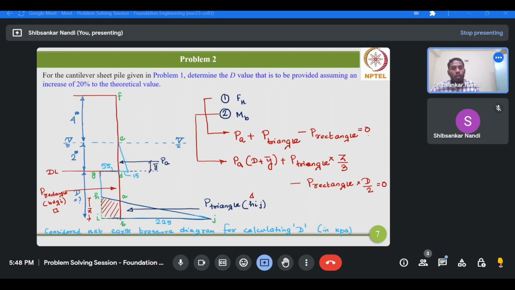Now these two equations, equation 1 and equation 2, we have to solve to get the value of D, and that should be the theoretical D value. Then we have to multiply it with 1.2 to get the provided value for the embedment depth of the given cantilever sheet pile wall. Okay, so we will do one by one.